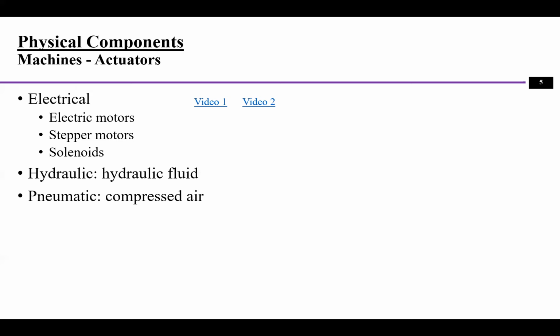And there are also two videos you can look at about what kind of motors and how the motors work. So these are three different types of power for the actuators: electrical, hydraulic, and pneumatic.